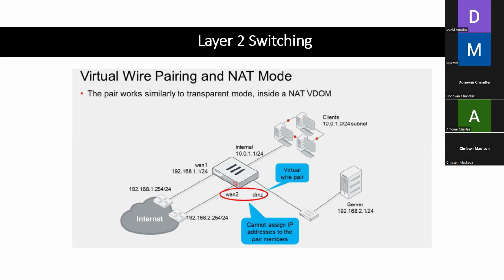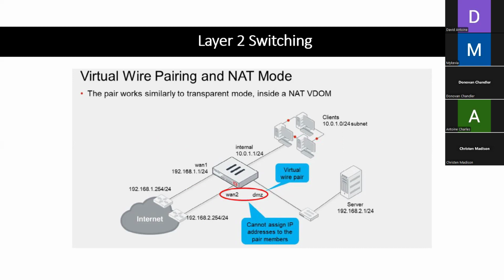Basically, what's going to happen is that WAN2 and the DMZ are all part of the same broadcast domain. So that server that you see sitting right there, from its standpoint, it's connected directly to the router that's hanging off of WAN2. It's on that same subnet for router 2, versus what's going on between WAN 1 and the internal.